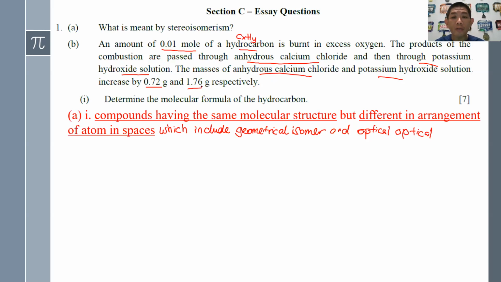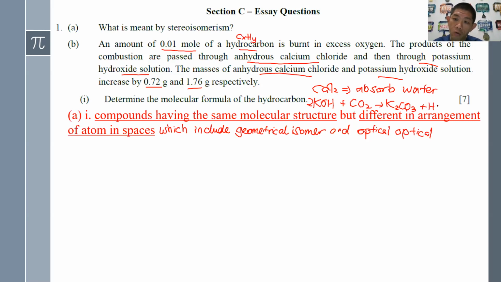You must understand the roles of the anhydrous calcium chloride and also potassium hydroxide. The role of the calcium chloride is to absorb water, while the role of the potassium hydroxide is to absorb carbon dioxide according to the equation KOH plus CO2 gives K2CO3 plus H2O.